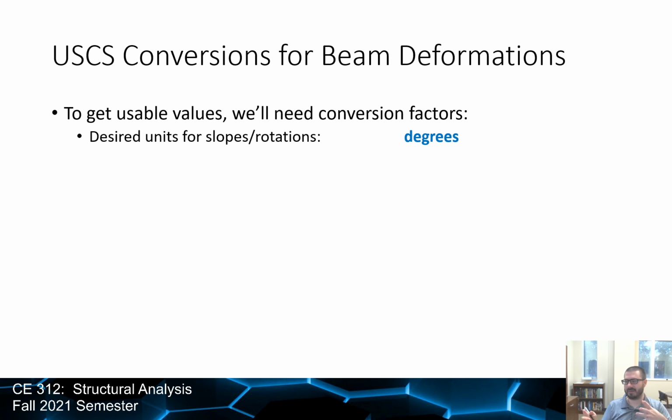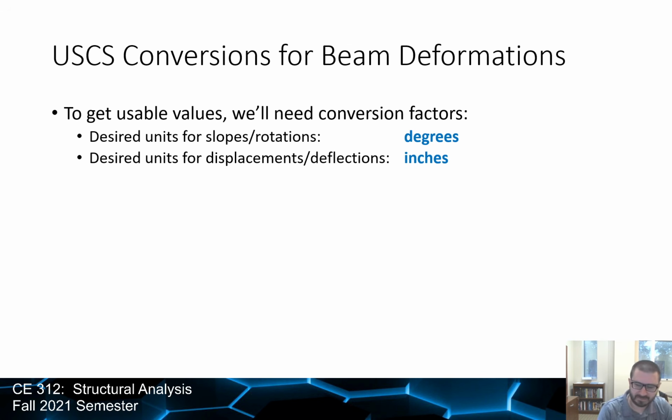So I think that by converting to degrees, it makes it a little bit more digestible. And you don't have as many trailing decimal values to deal with. It's pretty compact in terms of collecting the data. For displacements, deflections, how much the beam is actually deflecting up and down, I think it would make sense that we would want this in inches.